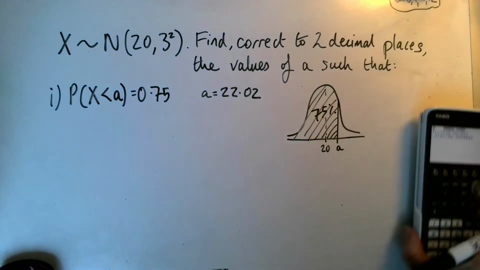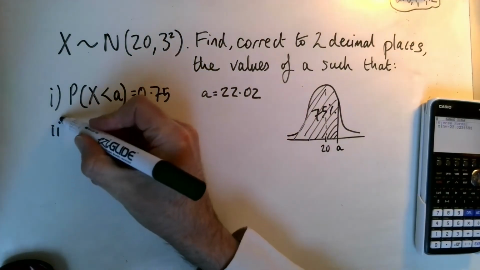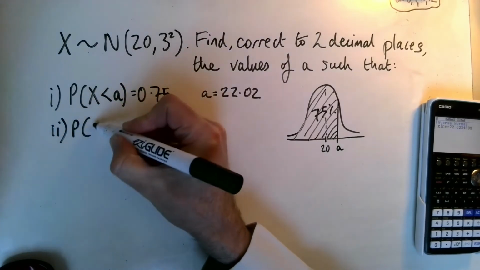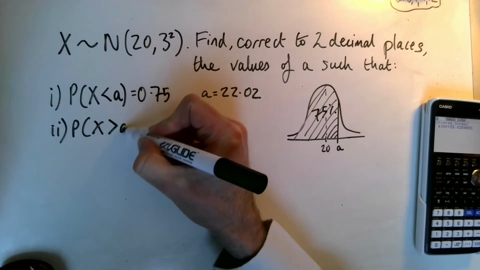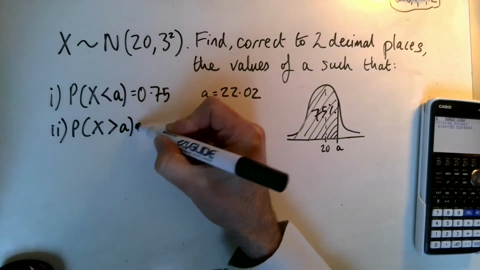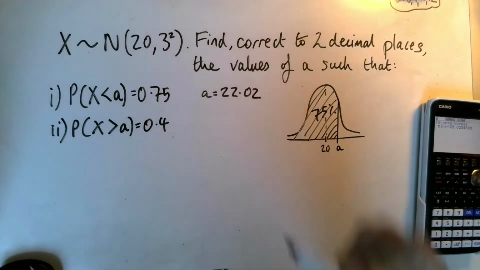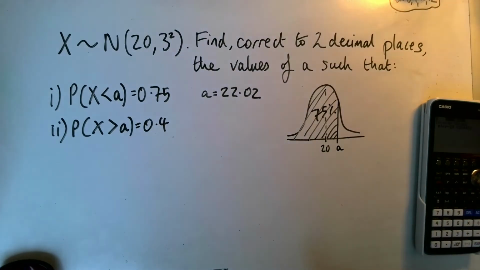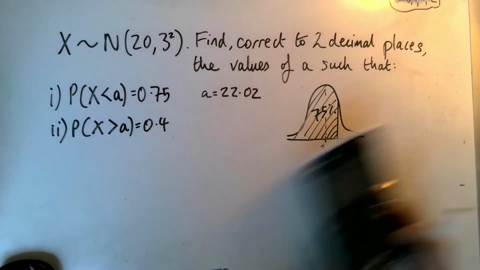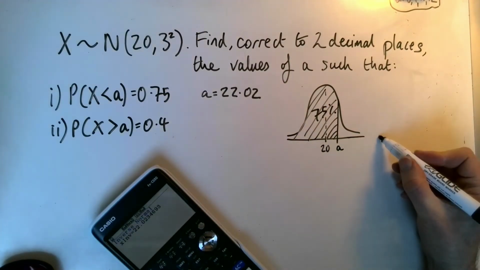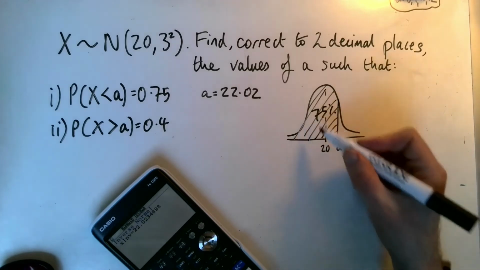Now, second problem we might have would be, what will you do if instead of being smaller than A, it's bigger than A? And we're saying that's 0.4. Pause the video, give this a go. Right, so I start off by doing another little sketch, or I could go on to here, couldn't I?